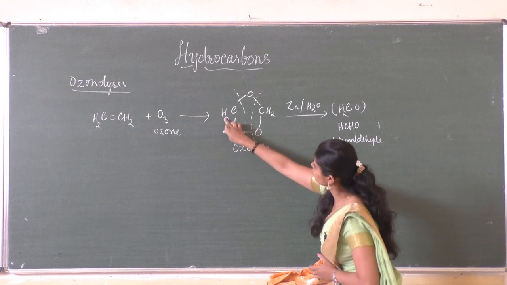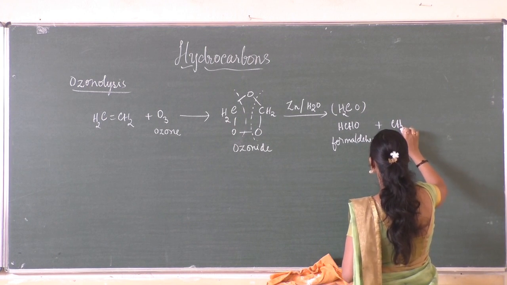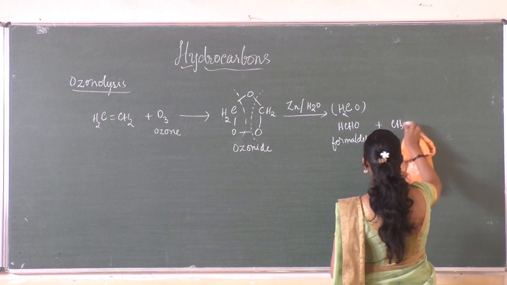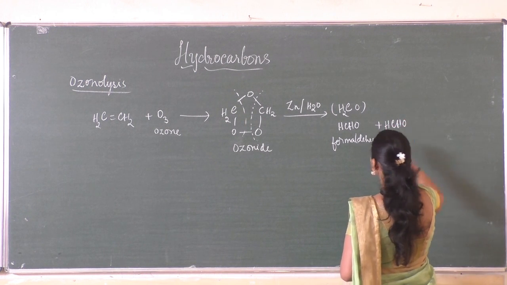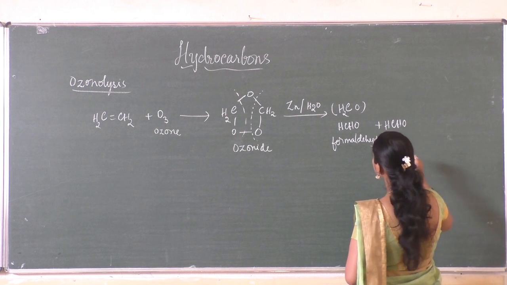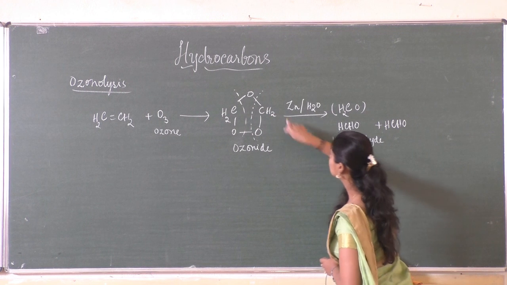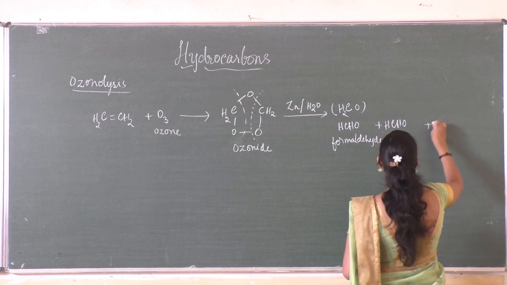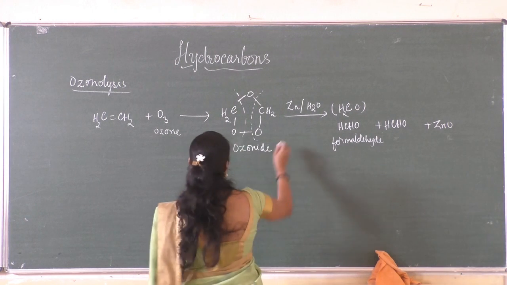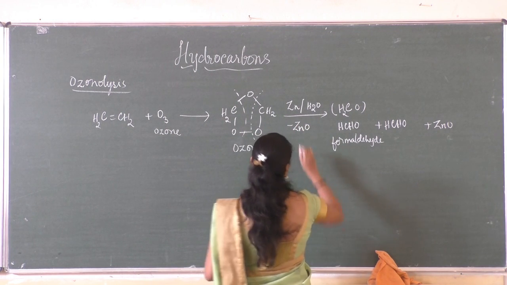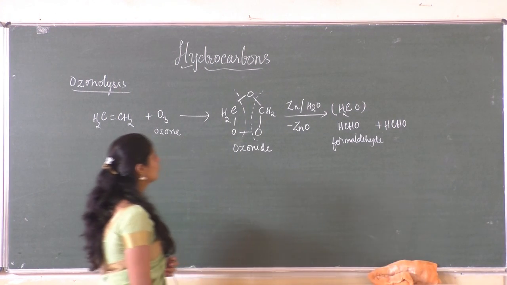Plus CH2O, we have one more CH2O, which can be written as HCHO, one more aldehyde. Then the oxygen reacts with the zinc, and zinc oxide, ZnO, will be formed. So aldehyde is obtained.